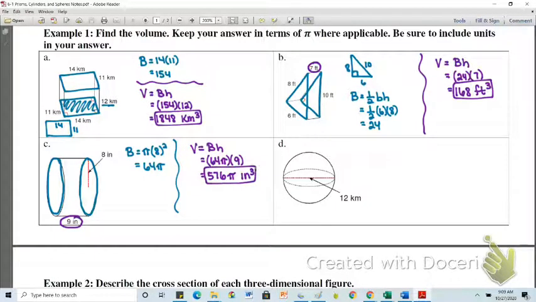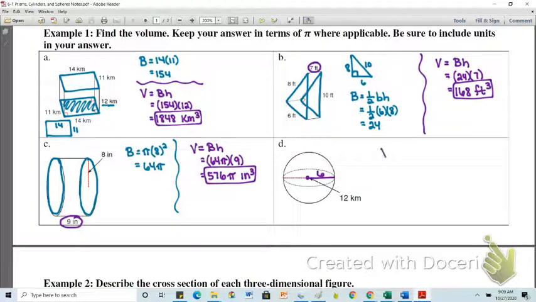And there's the answer. If they were asking for it in decimal form, at this point you would go ahead and multiply 576 by pi using the pi button. And finally, the last one of these, notice 12 is the diameter, so from the center to the side is only 6.